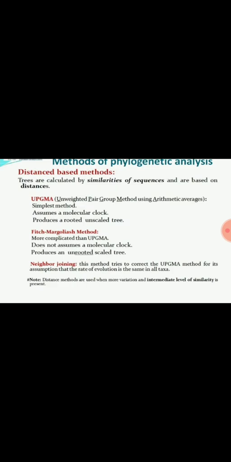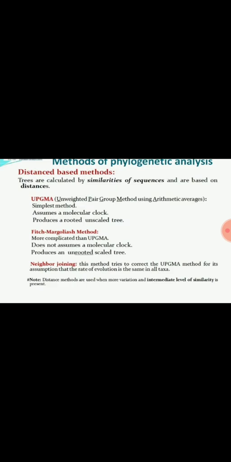UPGMA is the unweighted pair group method using arithmetic averages. This is the full form. It is the simplest method, which assumes the molecular clock, and it produces a rooted unscaled tree. These are some important points under UPGMA. The Fitch-Margoliash method is more complicated than UPGMA, and it does not assume the molecular clock.